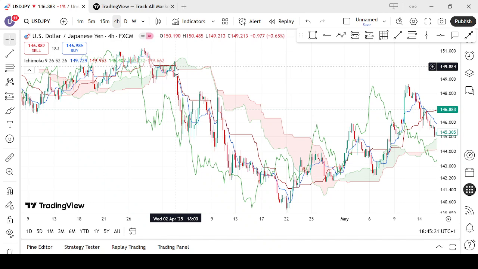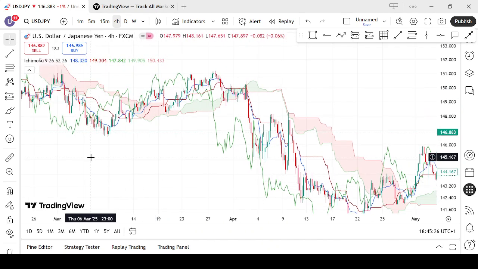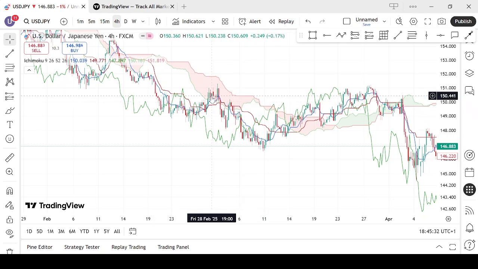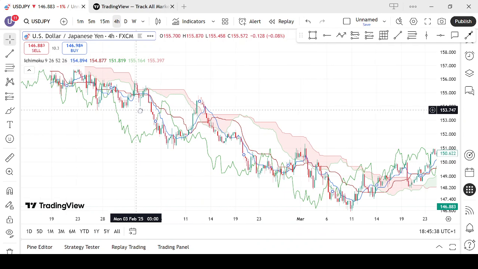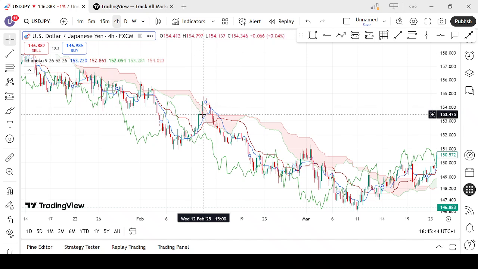So this cloud can act as support and resistance zones in the market where price will definitely respect, and as you can see, these are the cloud areas where price was respecting this area as a resistance level. Price respected all these areas as a resistance level, and price was trading below the cloud, signifying bearish momentum.